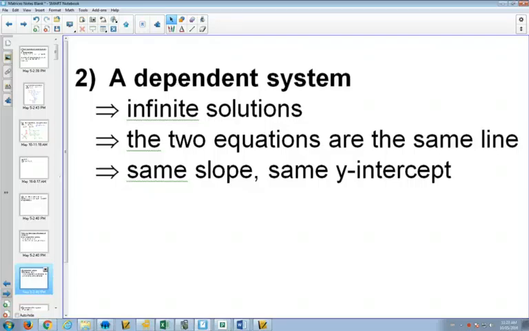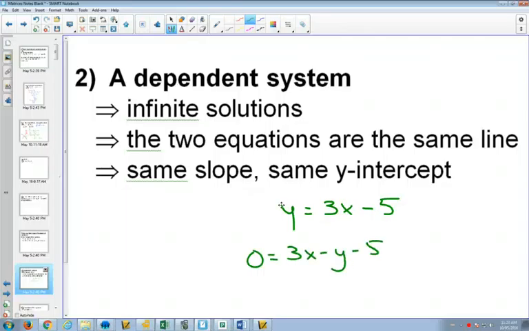Sometimes those lines are disguised. Like I could have y equals 3x minus 5 written this way, and I could write this same equation as 0 equals 3x minus y minus 5. I just moved the y over.